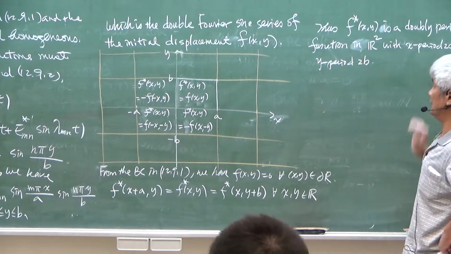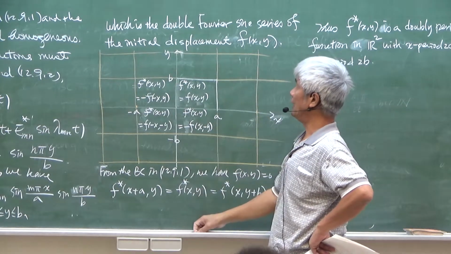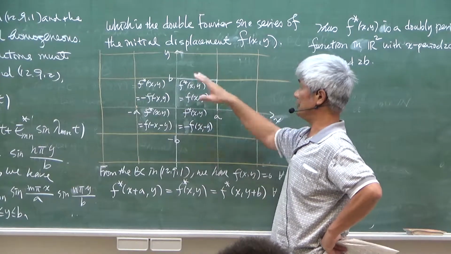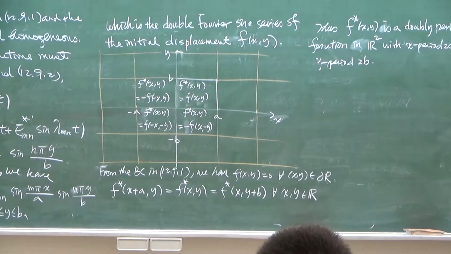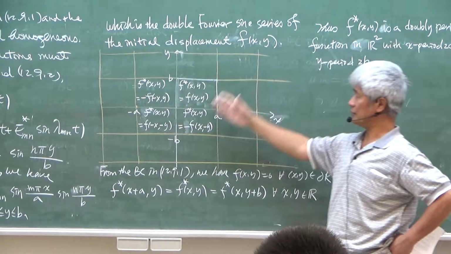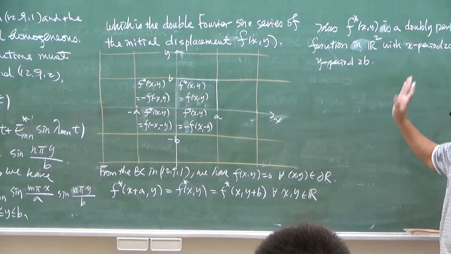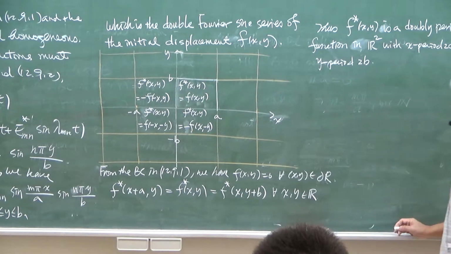So this is my expansion. This is the concept, and I can't delve into developing a theory of double Fourier series expansion or double Fourier sine series expansion. But in principle I can do so, though I don't need that because I can use one-dimensional Fourier series expansion to solve my problem here.